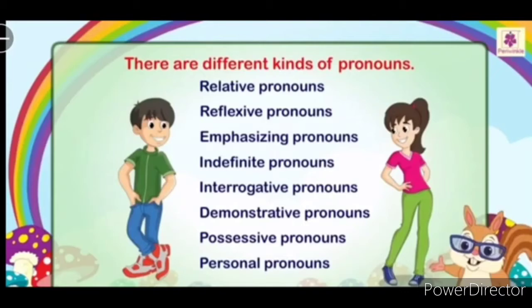Fourth one, indefinite pronoun. Fifth one, interrogative pronoun. Sixth one, demonstrative pronoun. Seventh one, possessive pronouns. At last, the eighth one is personal pronoun. Children, let's see the pronouns one by one in detail now.